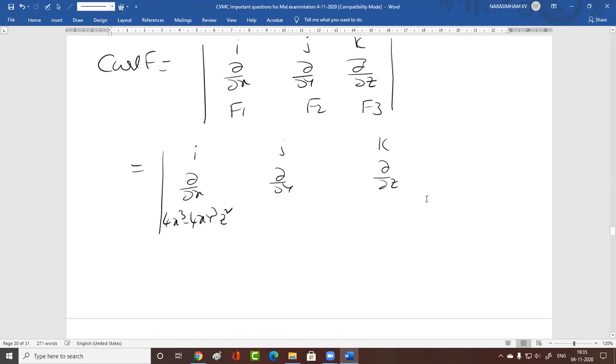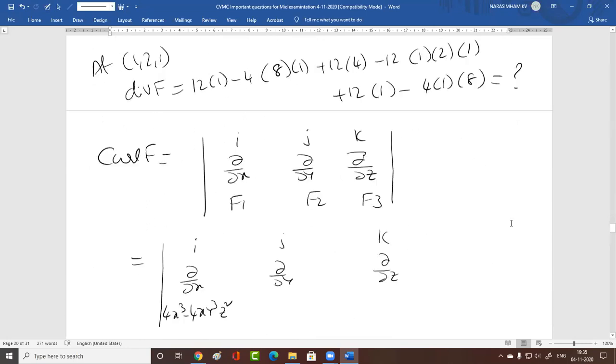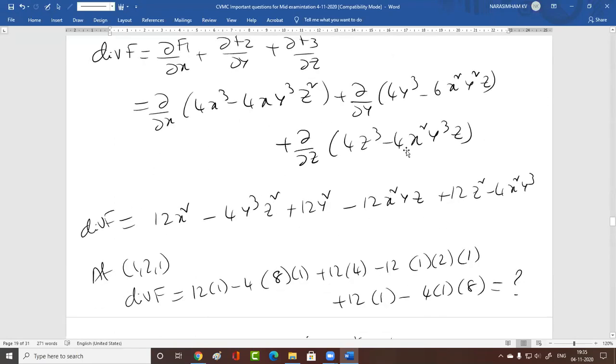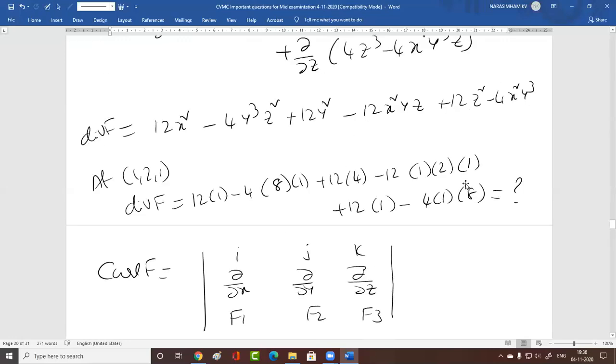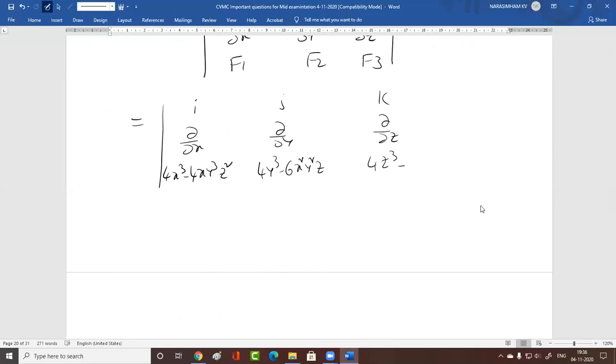Dou by dou y, the F2 term is 4y cube minus 6x square y square z. Now the F3 term, 4z cube minus 4x square y cube z.